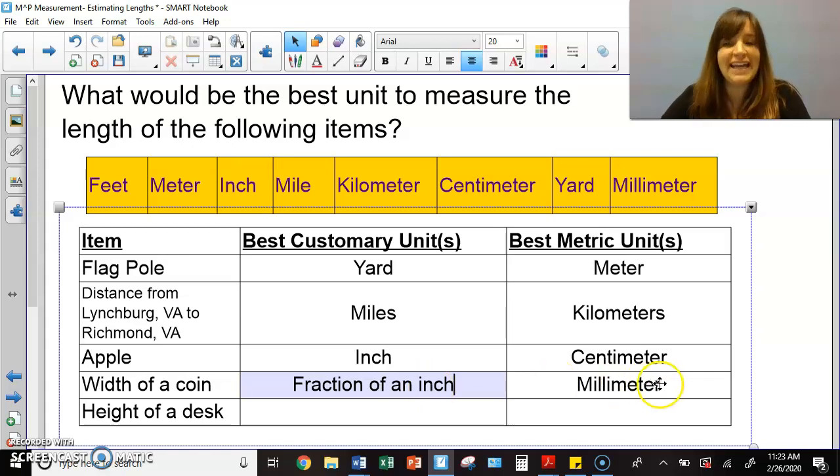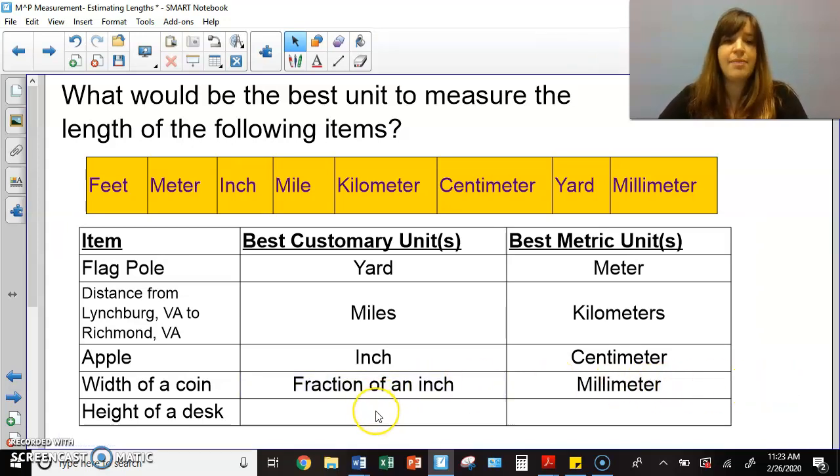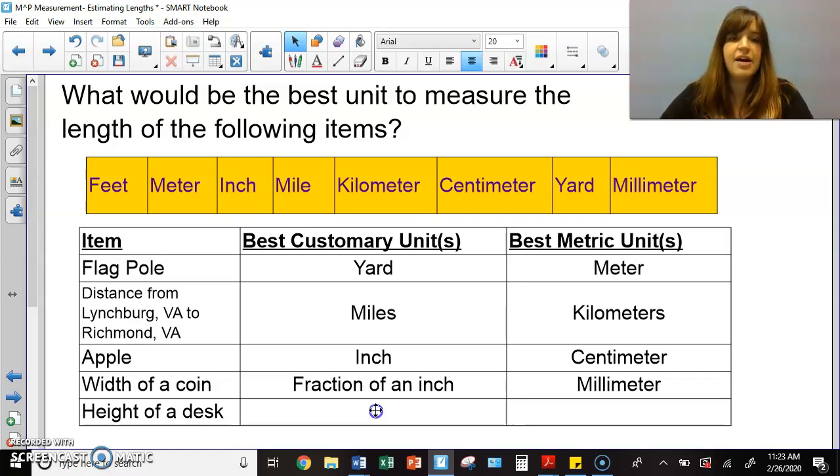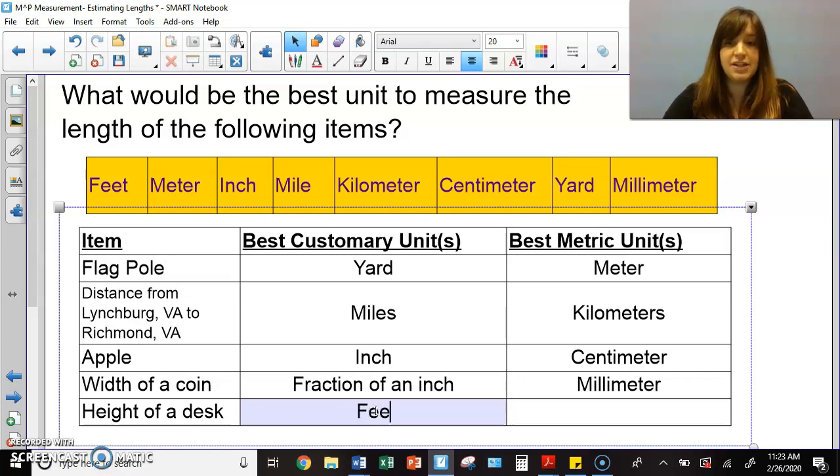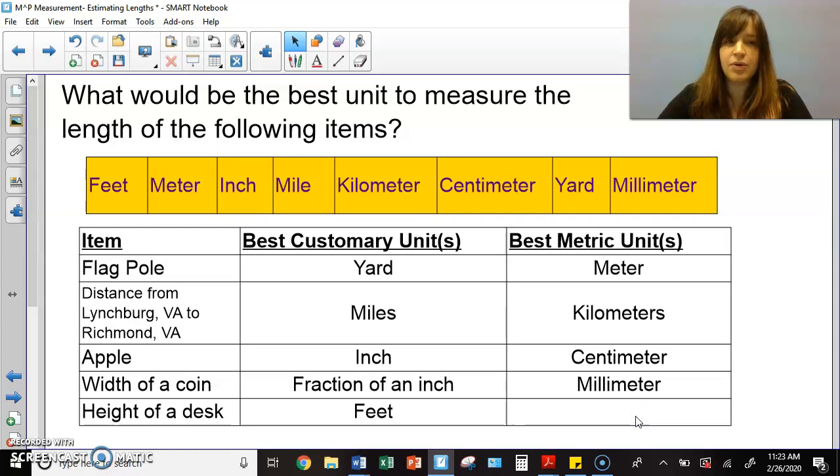If I'm talking about the height of a desk, so from the floor to where you're sitting at, the best unit for customary would be feet, okay? We don't have something that's comparable to feet in metric that we use as commonly. There is something that compares, but it's not something that we use as commonly. So really, it's not going to be a millimeter because a millimeter is way too tiny.